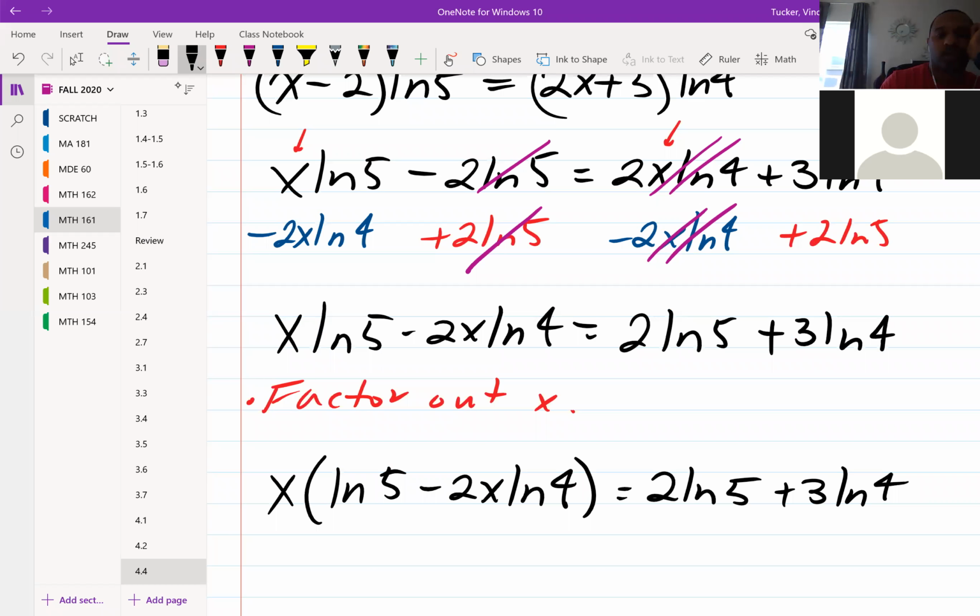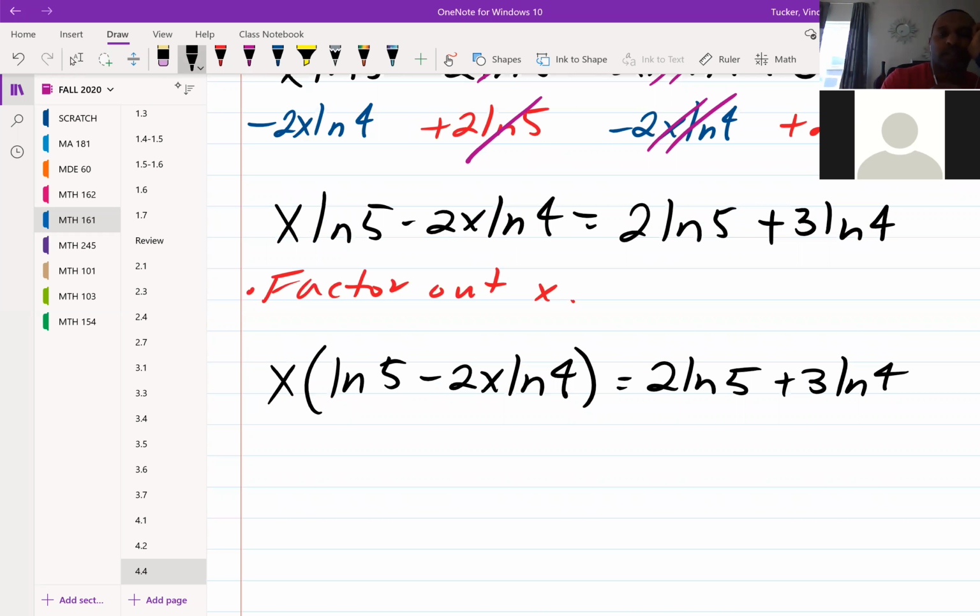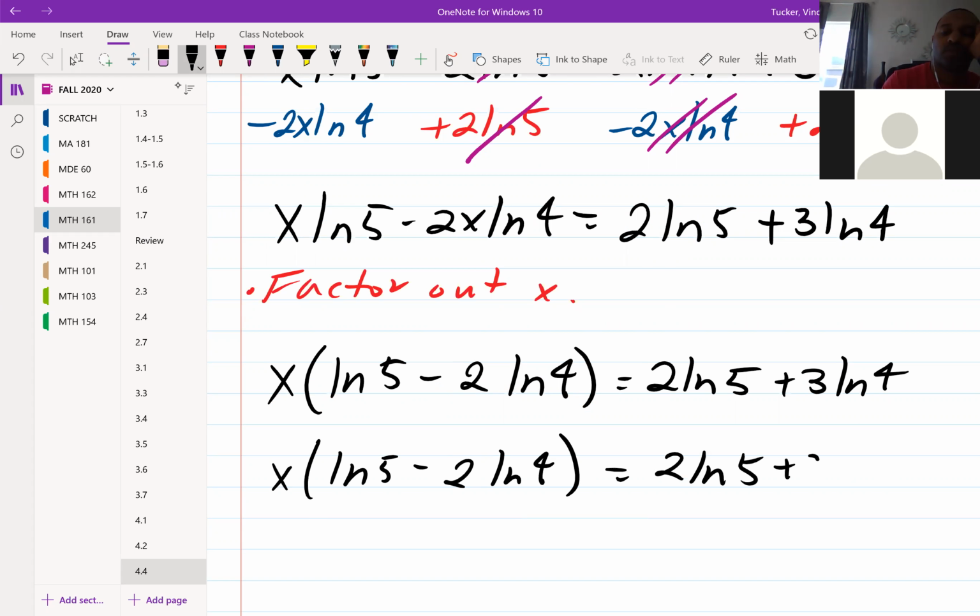All right. And now I can divide. Let me do this, make a separate one. I left the x in there, sorry about that. It should just be 2 natural log of 4. So now I can divide by the natural log of 5 minus 2 natural log of 4.